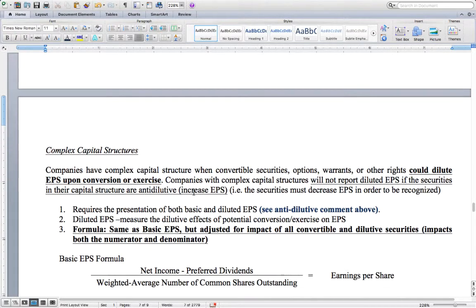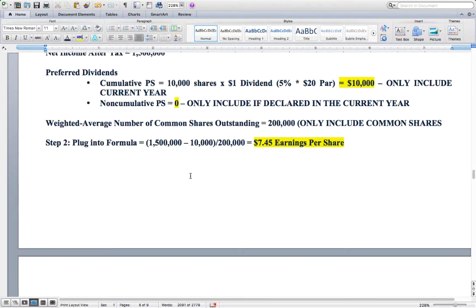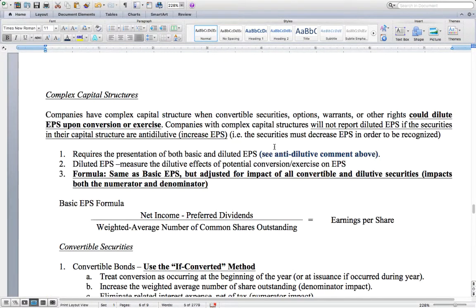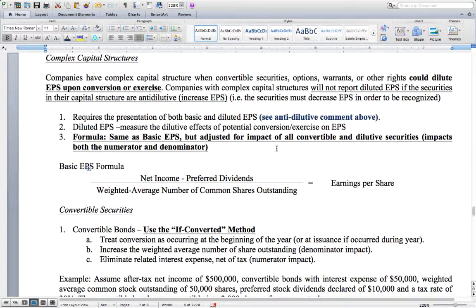So as an example of this, say the basic earnings per share calculation, similar to what we did above, was $7.45 per share. Say we did a similar problem like that and the dilutive EPS came out to be $10 per share.